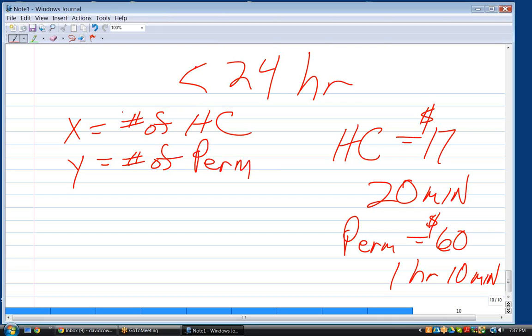And I think it's important when you're doing these word problems to spell it completely out. Because if I just say x equals HC, does that mean the price? The time? So I'm going to let x equal the number of haircuts you give.